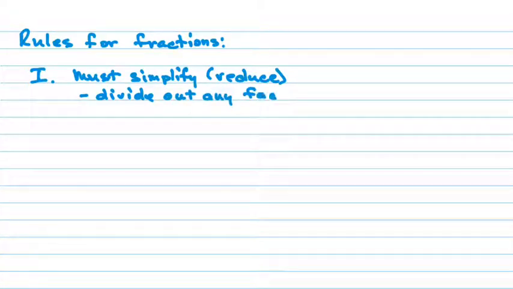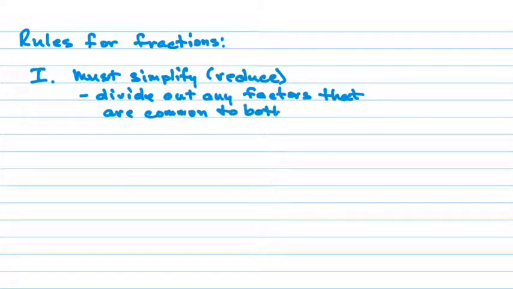any factors. Remember, factors mean things that are multiplied together, which is every part of a term, right? So if you have 4x, that's literally 4 times x, so the 4 is a factor and the x is a factor. So divide out any factors that are common to both numerator and denominator.